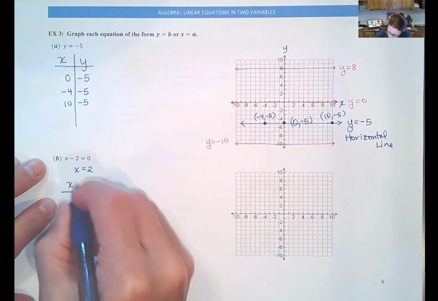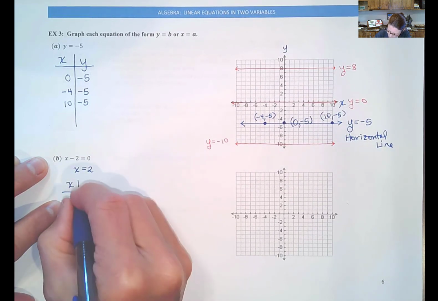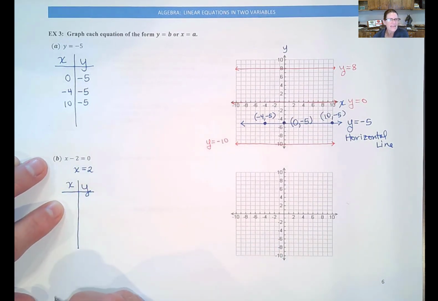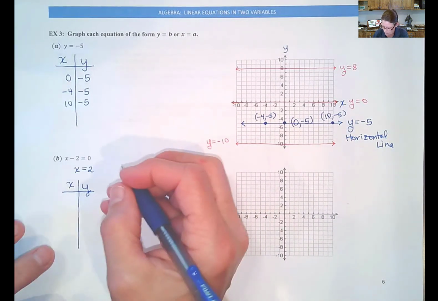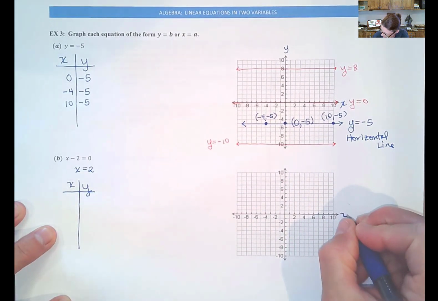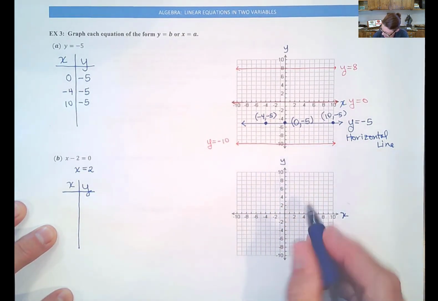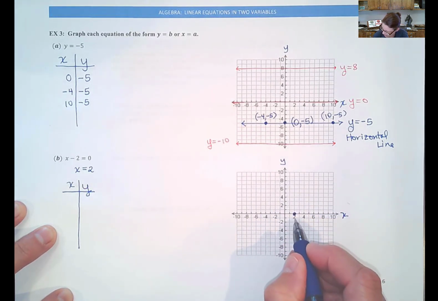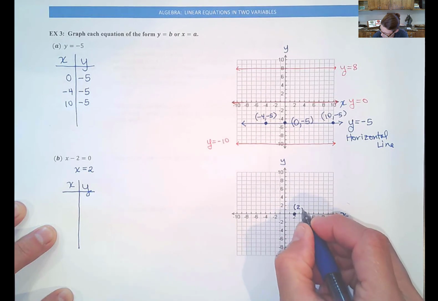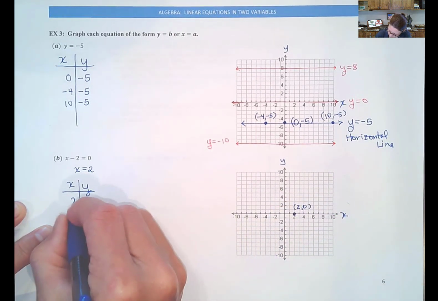Now here also we notice that the y variable is missing. Maybe it's a little challenging, but it's actually very simple to generate points with an x value of 2. If we find 2 on the x-axis and plot that point, it is (2, 0).